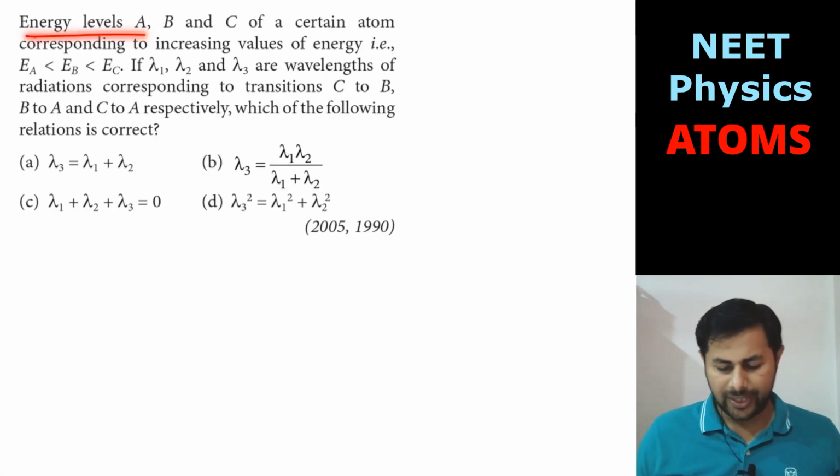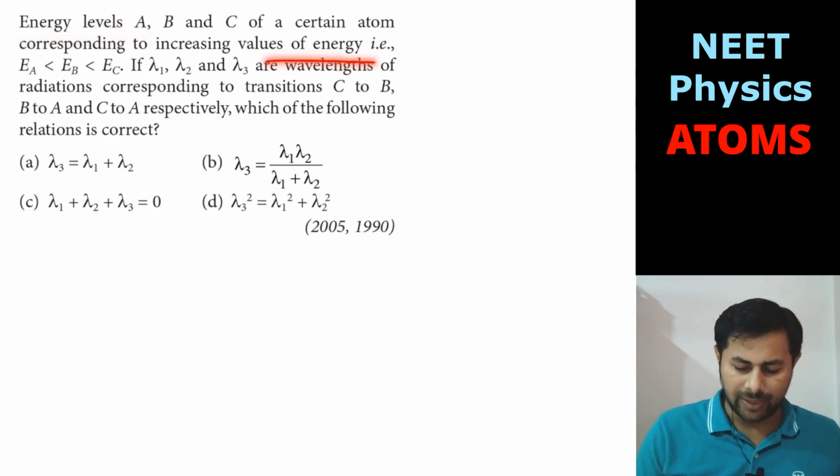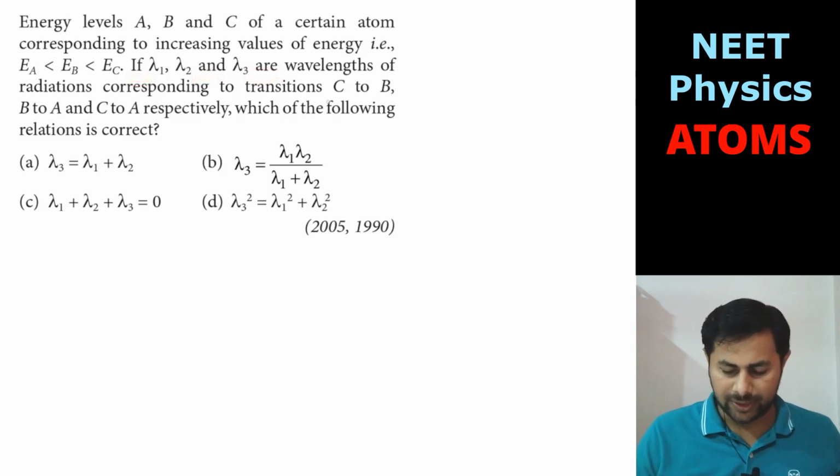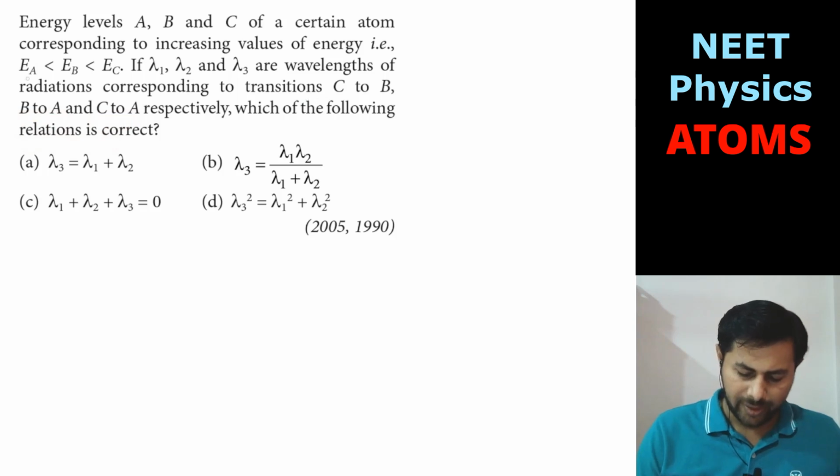Energy levels A, B and C of a certain atom correspond to increasing values of energy: EA is less than EB is less than EC. If lambda 1, lambda 2 and lambda 3 are wavelengths of radiations corresponding to the transitions C to B, B to A and C to A respectively, which of the following relations is correct?